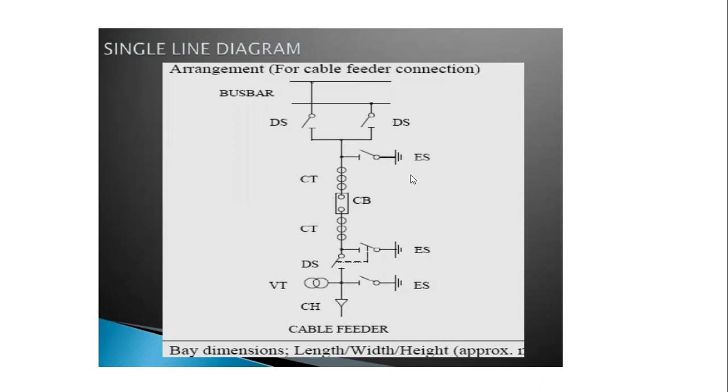ES means the earthing switch, DS is the disconnect switch, CT is the current transformer, and VT is the potential transformer. This is the feeder line, and this is the single line diagram for that GIS.